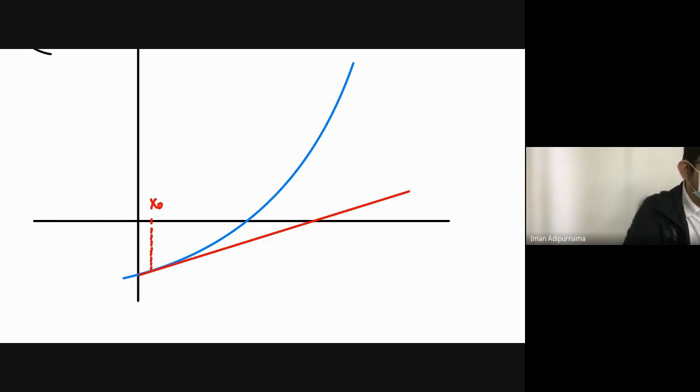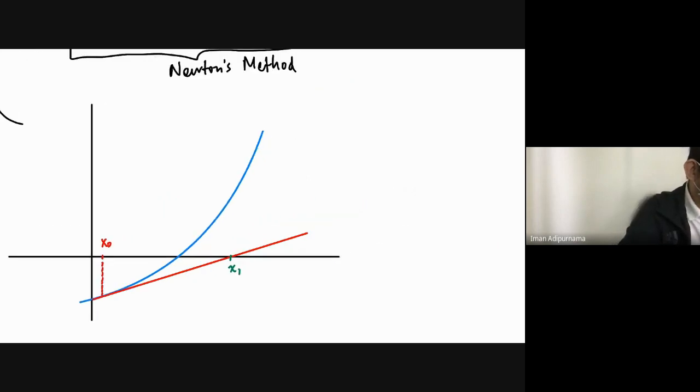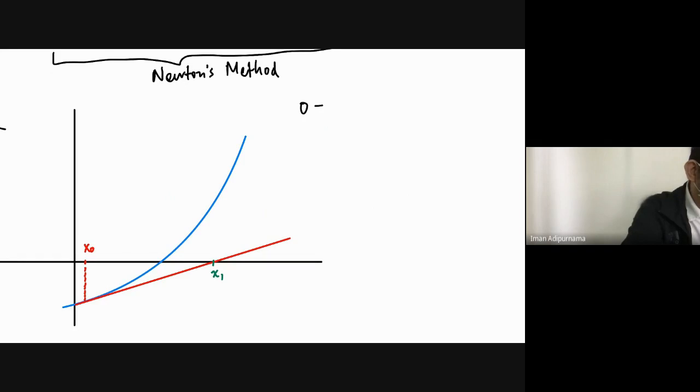We can see the tangent line is crossing over the other x value. We call this x value x1. Now from here, we can write the equation. Let me write y minus y1 equals the slope times x minus x1.